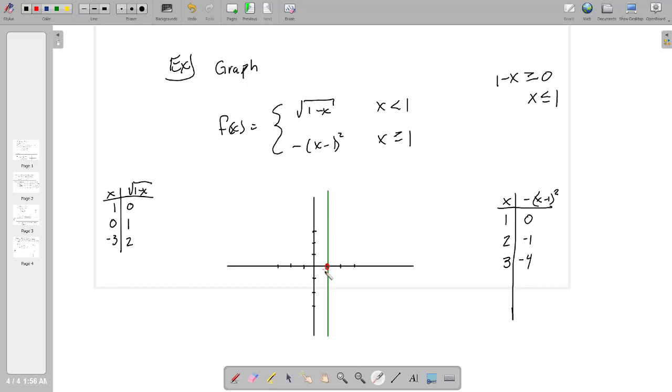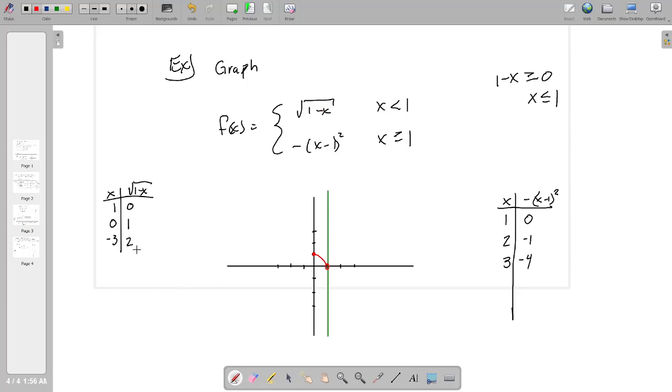We do need this open circle though, because when we plot our second point, we're going to have a lot of points that come down to here, like this. So I need to know where I'm going. I need to know where to connect these two lines. So this is still necessary, but you graph it as an open circle because, again, it's not a part of the region in which we use the function square root of 1 minus x.